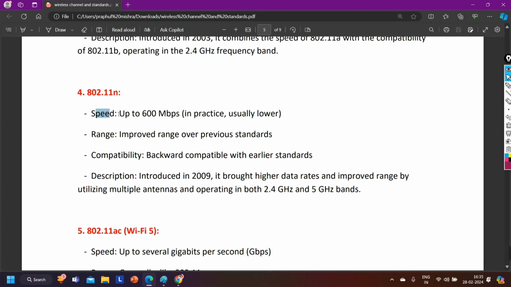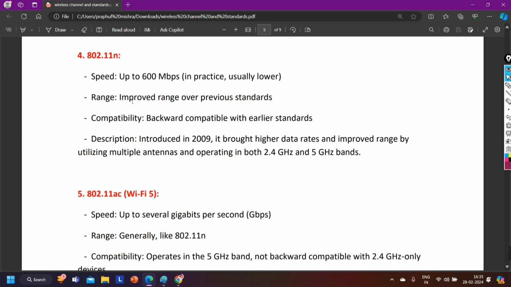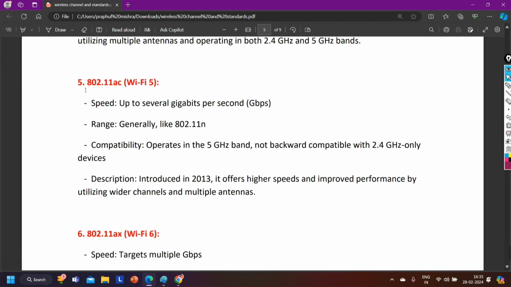Then 802.11n: speed is going to be up to 600 Mbps, improved range over previous standards, and backward compatible with earlier standards. Introduced in 2009, it brought higher data rates and improved range by utilizing multiple antennas and operating in both 2.4 gigahertz and 5 gigahertz bands.